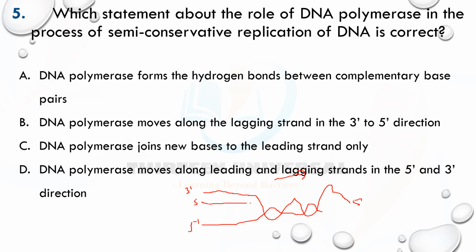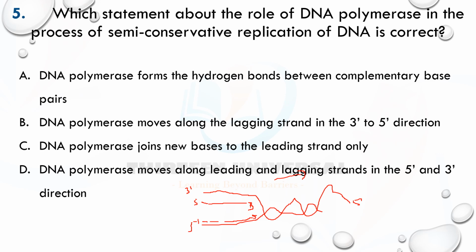This is 3 prime. If I'm going to copy this one also, I'm going to start from the 3 prime end here. This is discontinuous. I have short fragments, and that's Okazaki fragments. The new one starts from 5 prime.